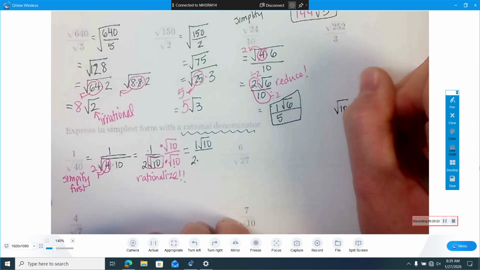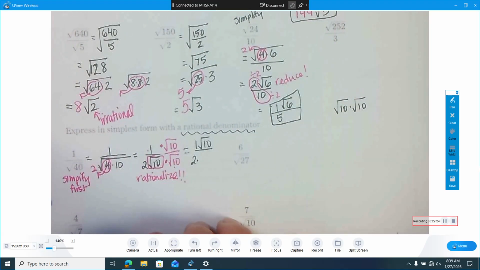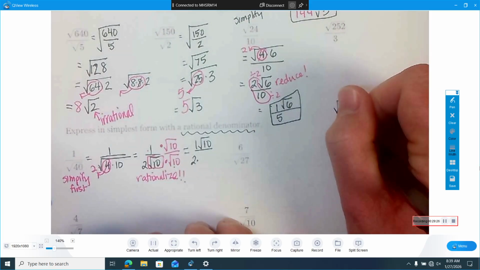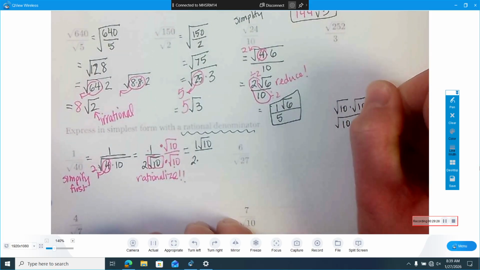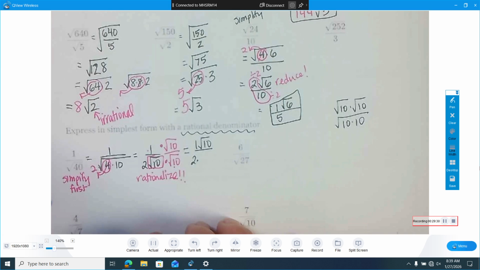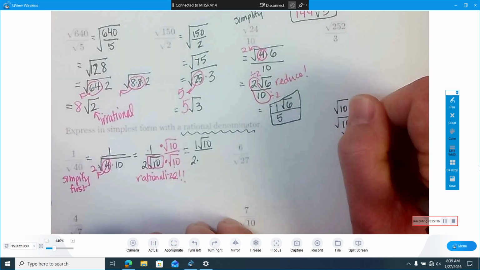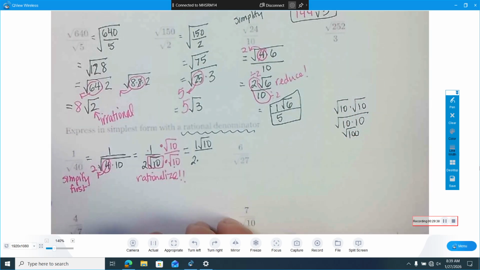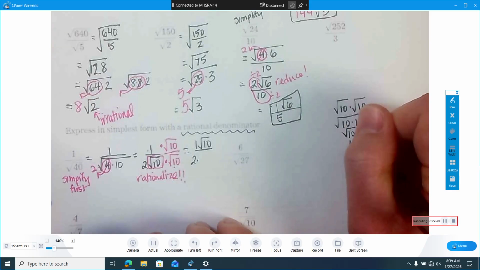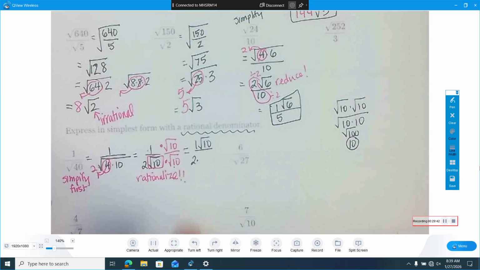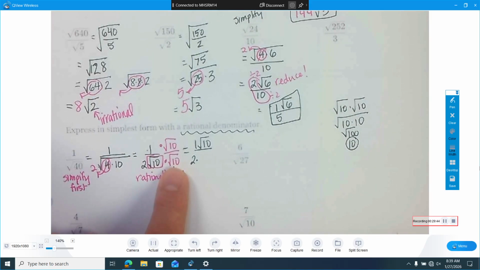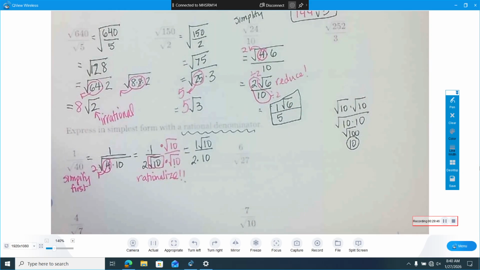Radical 10 times radical 10. That'd be radical 10 times 10, wouldn't it? They're under 2 baby radicals, so you can put them under a giant one. It's 100. Yeah, it's the square root of 100. What's square root of 100? 10. There it is. So it turns out that radical 10 times radical 10 just gives me 10.